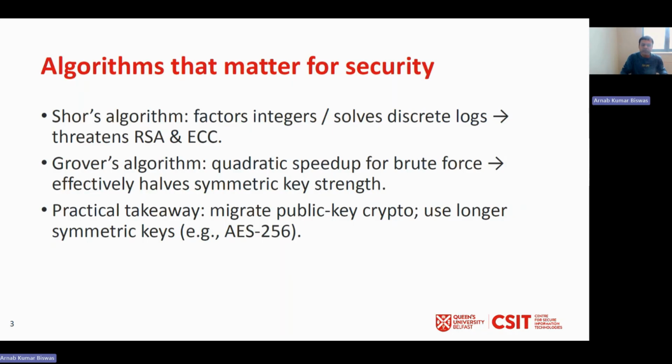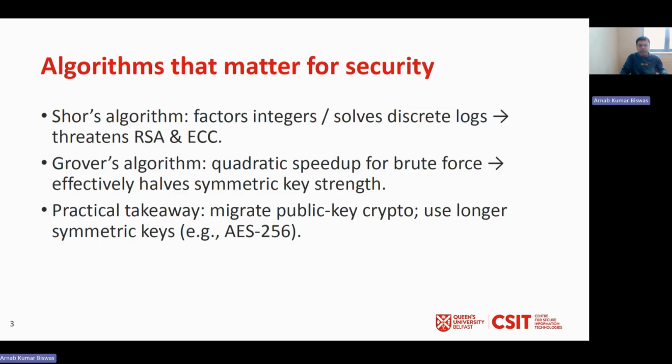So it will basically halve the symmetric key length. If we have AES 128 bit, then theoretically it gives 64-bit effective strength. That is why the recommendation is to go for 256 bit or higher, so that we effectively get at least 128 bit, which is strong enough from a security point of view.